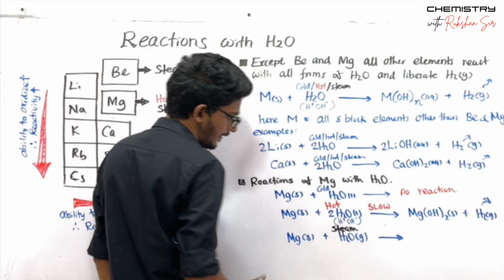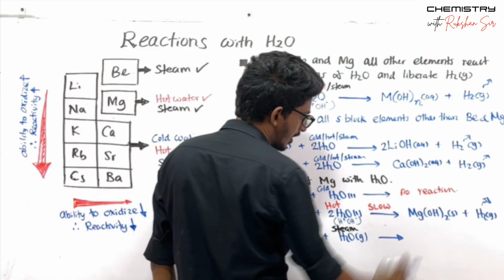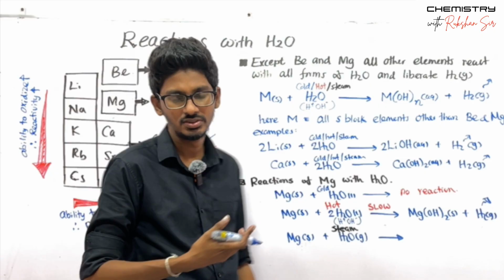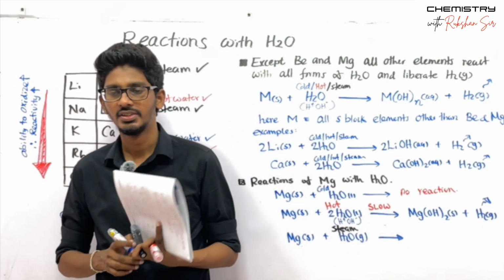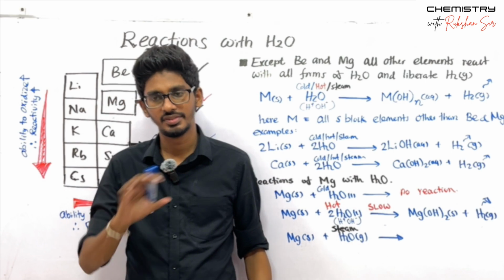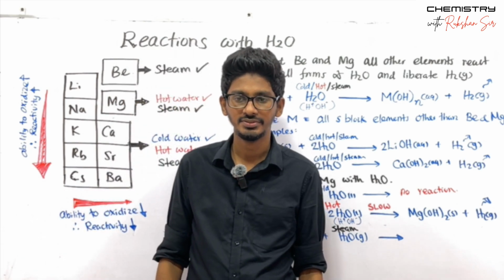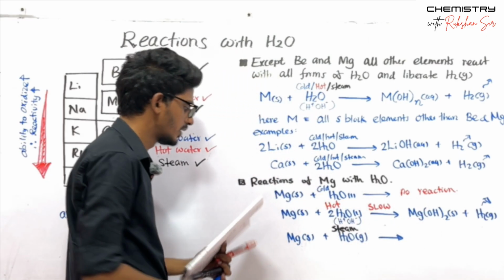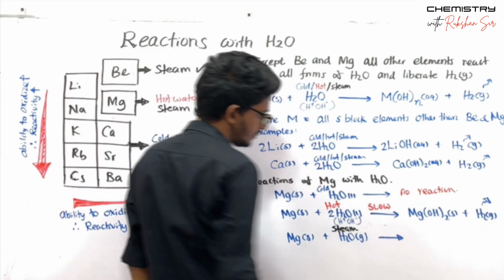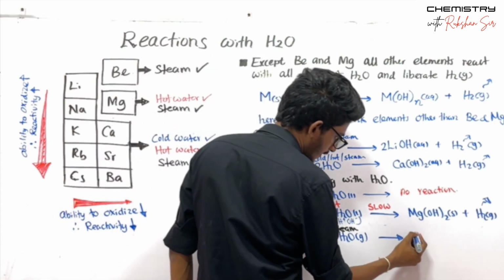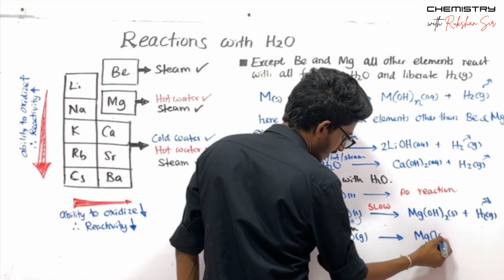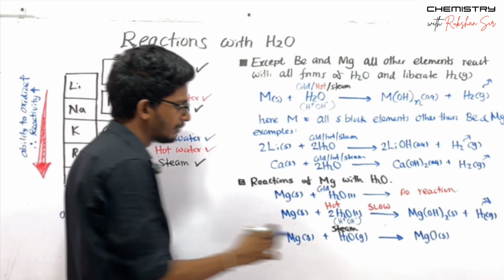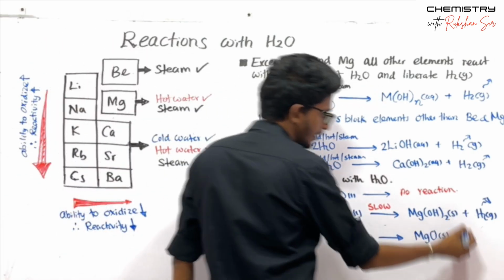The produced magnesium hydroxide will decompose when you apply more and more heat beyond 100, when the heat approaches about 500. Magnesium hydroxide will decompose to magnesium oxide and H2O. So we are not supposed to write the H2O on both sides. It will produce the magnesium oxide, and H2 will also be produced.